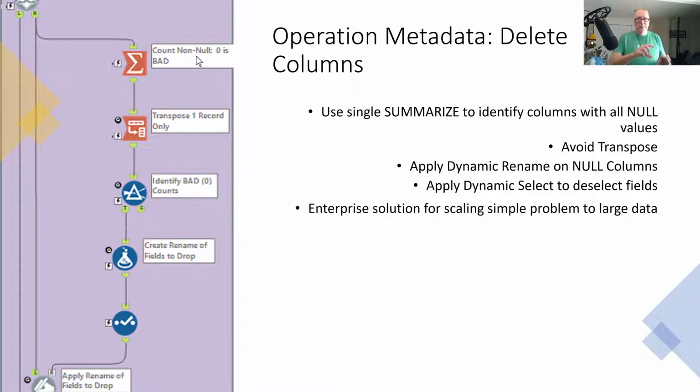So what I'm going to do is create one record that contains: is field 1 all null, field 2 all null, field 3, 4, 5. And then I've got to transpose just that one record with all the fields on it and say which of these are bad, which of these only have null values.